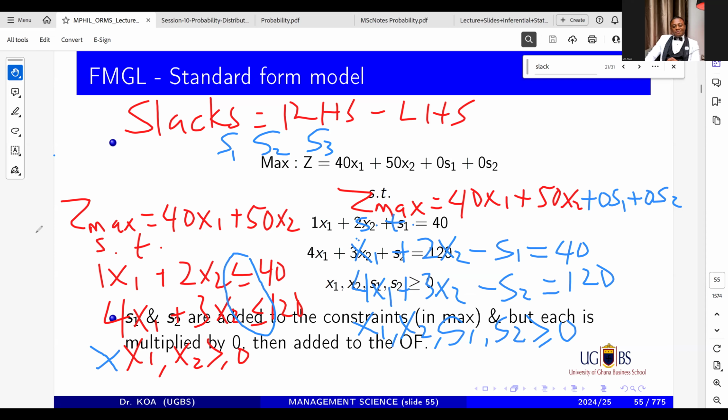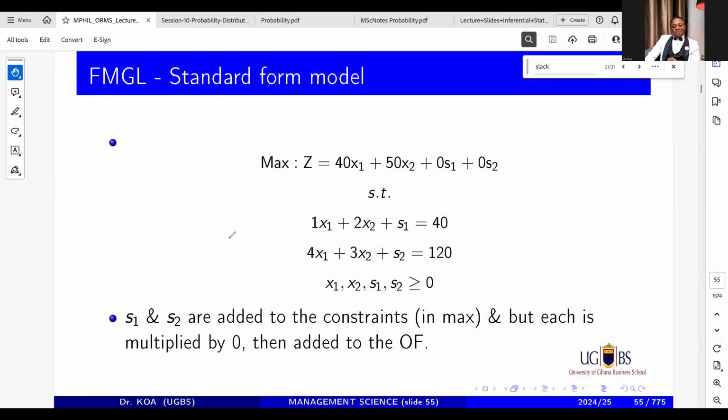When you draw the feasible solution area, it is the lines that create the area. So by using the slacks, it means you are working on the boundaries of the line and not in the spaces because of the equality sign. You're working on the boundaries of them. This is how the slacks work in the linear program.